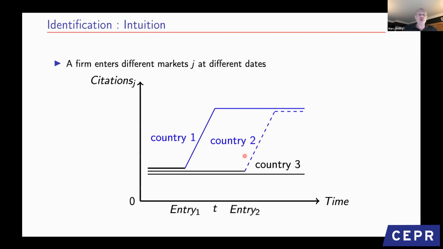It will be entering country 2 a little bit later. It will never export to country 3. And I can put another country in this baseline where we see it always exporting to a fourth country.